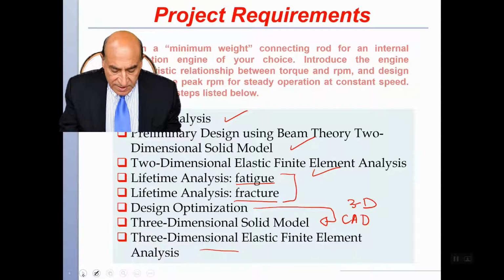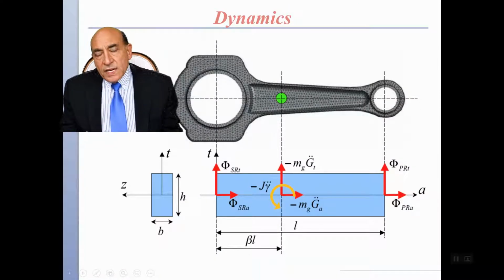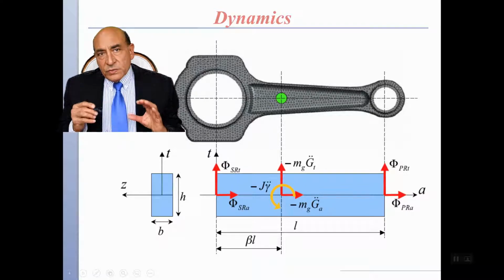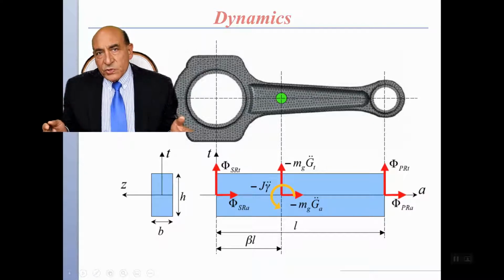So let's see here. Talking about the dynamics, we need to determine the forces that are acting on the connecting rod and also the moments or the torques that need to be included in load analysis.